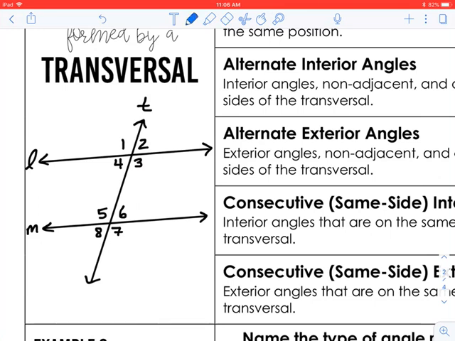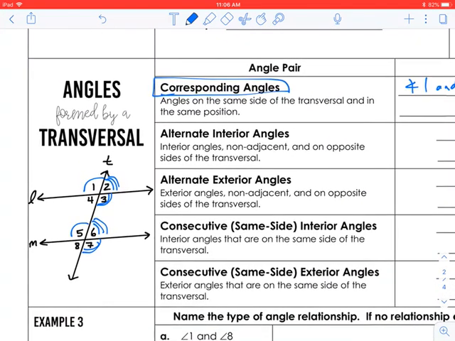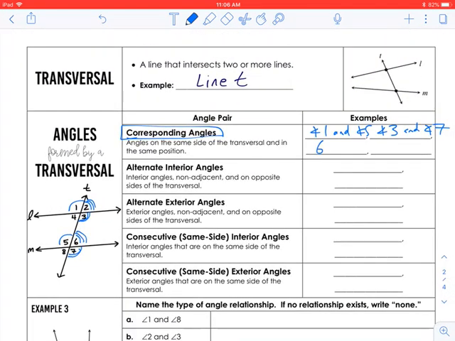So we had 5 and 1, we had 3 and 7, and 6 is top right, so is 2. So angle 6 and angle 2. And then finally, 4 and 8 are bottom left. So angle 4 and angle 8. Those are all corresponding.